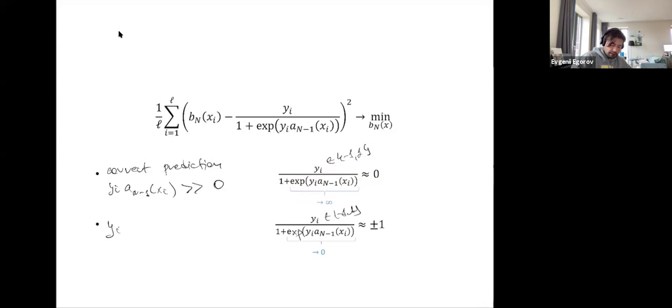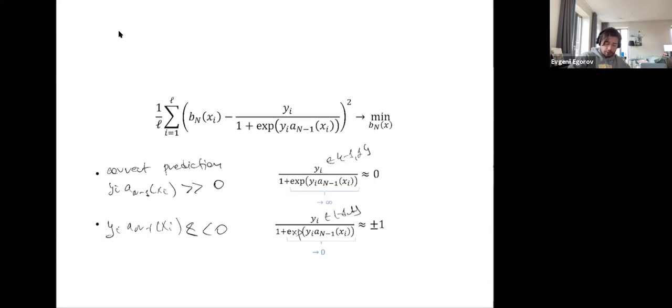On the other side, if we make a mistake, this number will be negative, because making a mistake means we output the sign opposite to our training value.